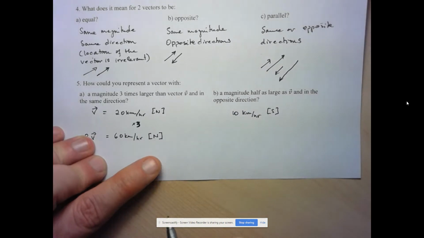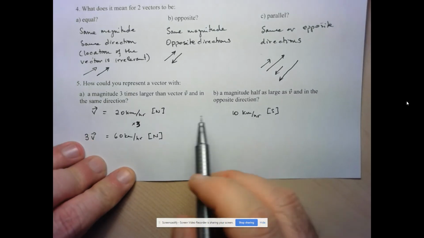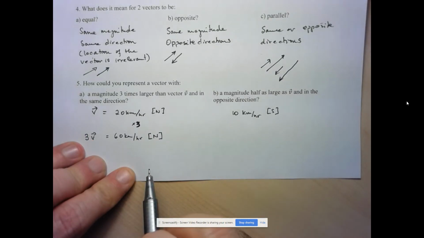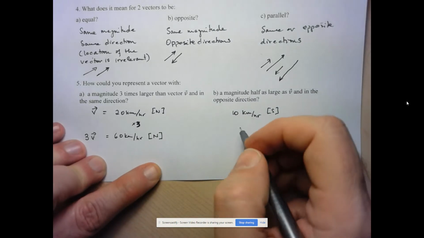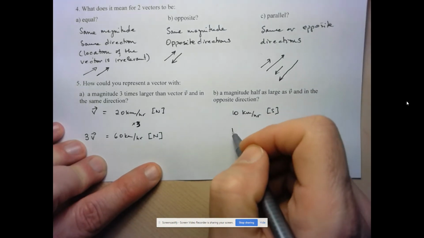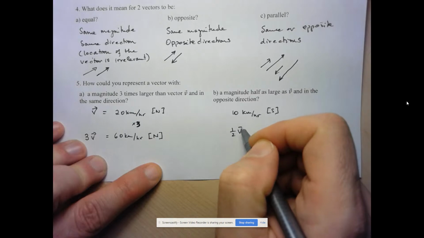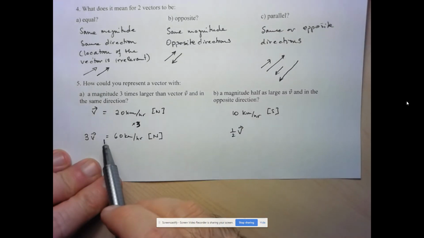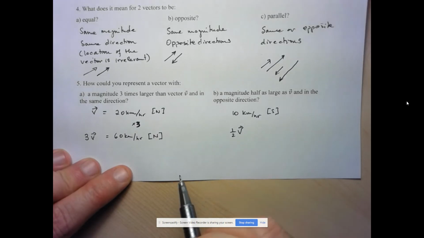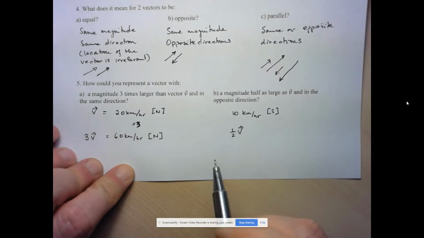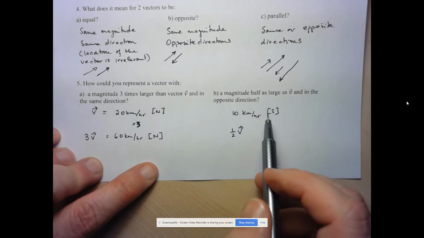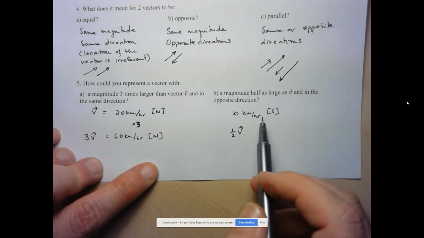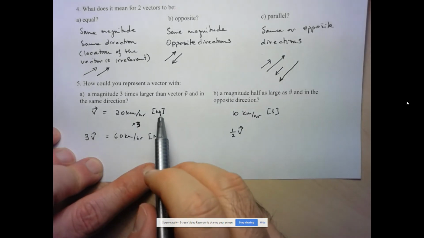Well, we already know how to handle cutting the magnitude in half. I would just multiply my vector v by 1/2. Except when we did this multiplication, it was assumed that the direction was staying the same. So we need a way to describe this direction being opposite to the original one of north.